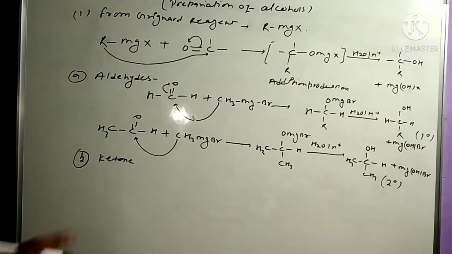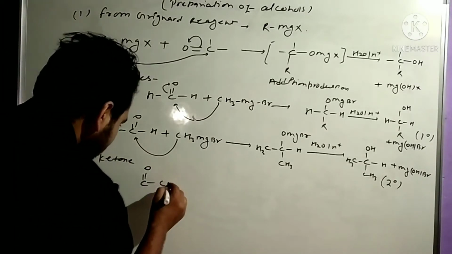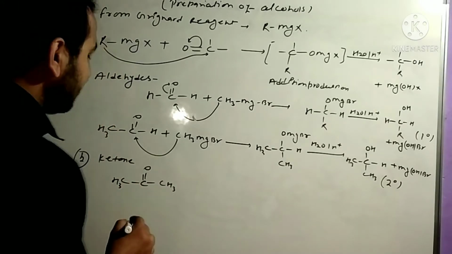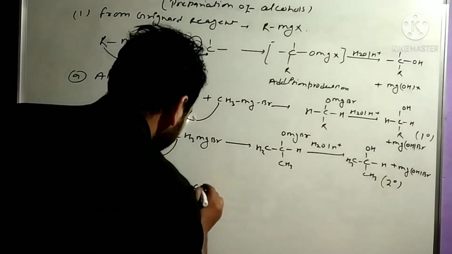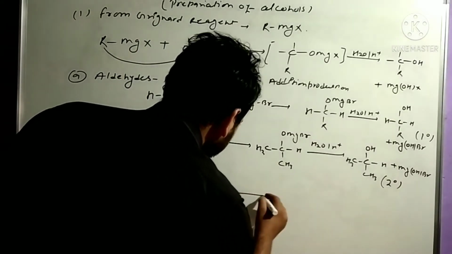Ketone, we all know that there are two CH3. So C double bond O, CH3, plus CH3MgBr.